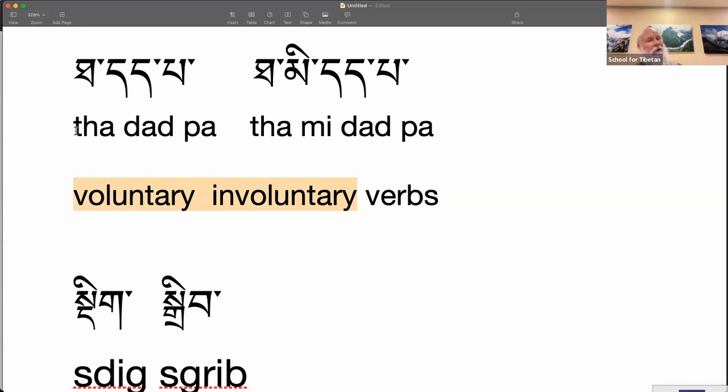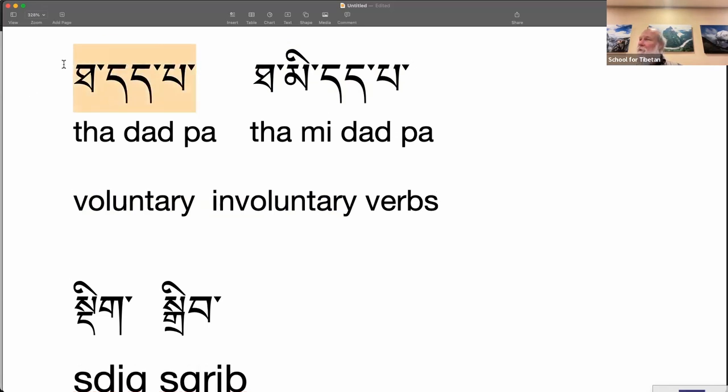And another thing that is extremely interesting is that these two categories of verbs have two sets of ways in which they are used. Okay, so particularly the transitive verb, the one who does it is marked in a specific way.